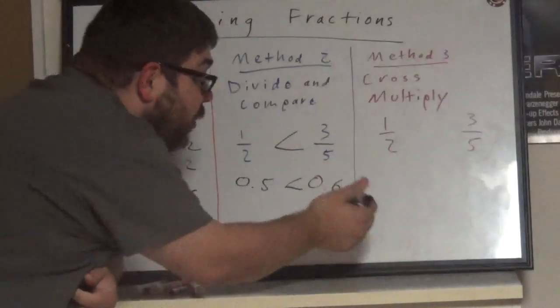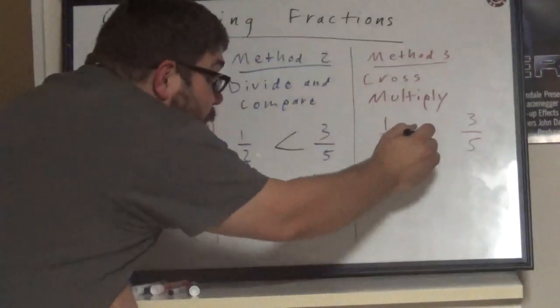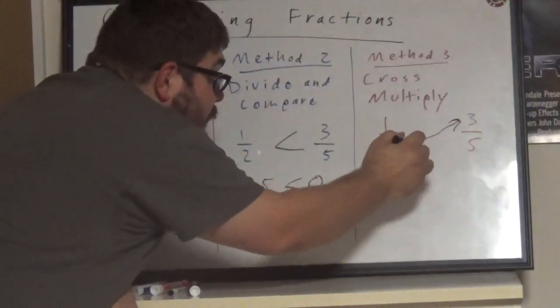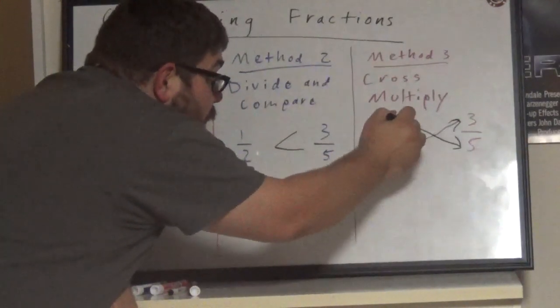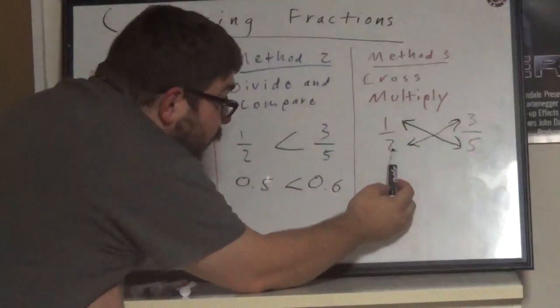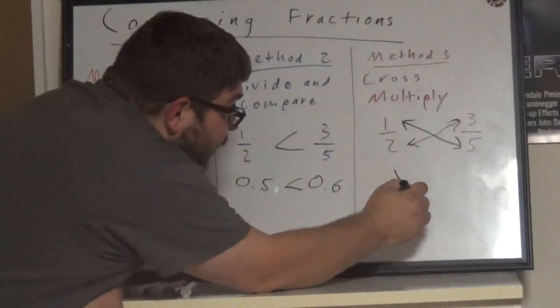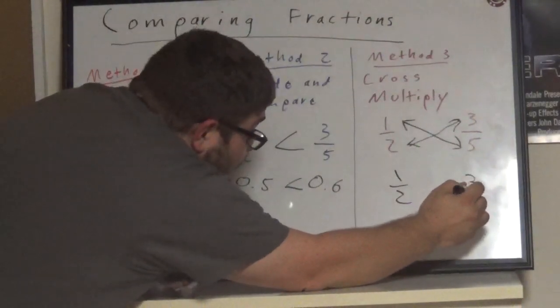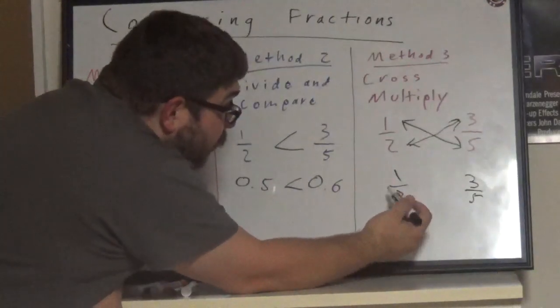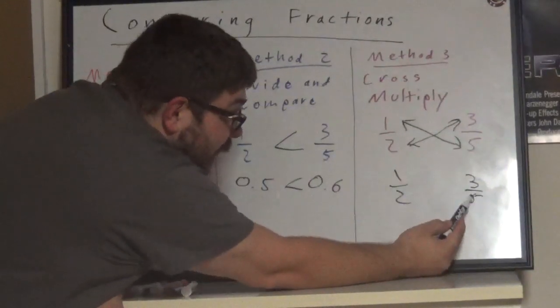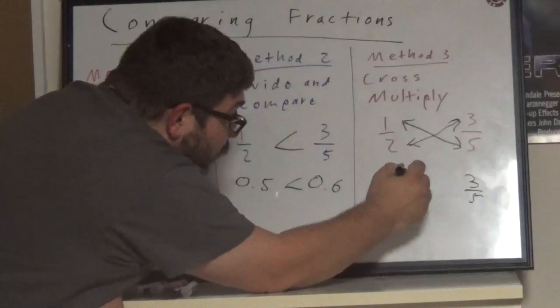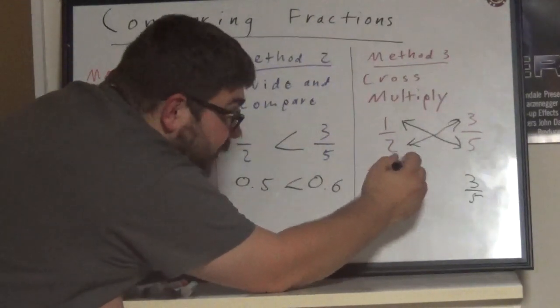So when we cross multiply, let me write it underneath to make it a little bit easier, I hope. We're going to start by doing 1 times 5. 1 times 5, of course, is 5.